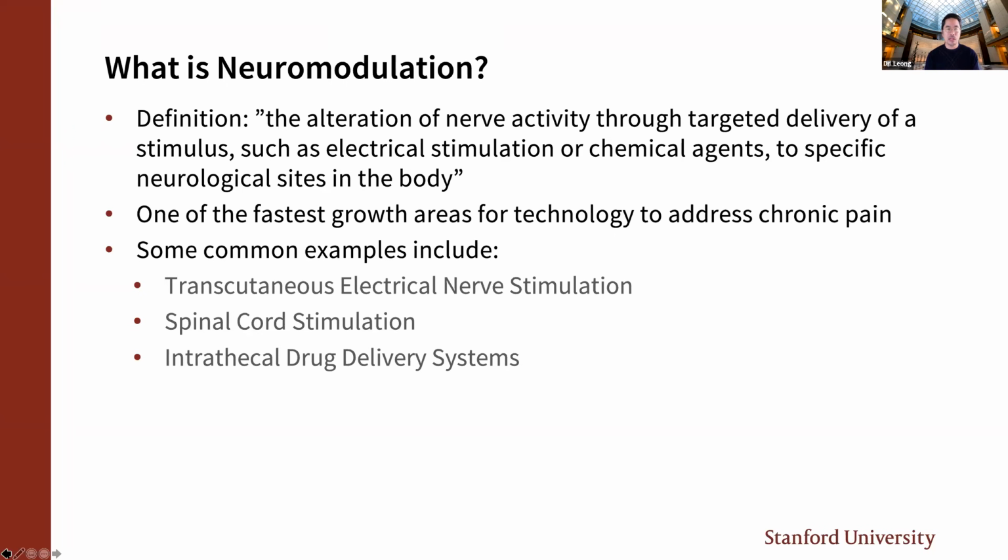Some of the common things that people know about are TENS units, or transcutaneous electrical nerve stimulation, and also spinal cord stimulation, which is electric signals there. You may have heard of pain pumps or intrathecal drug delivery systems, especially for cancer pain, especially when people are on high doses of opioid medicines and they want to be treated in a way that doesn't cause side effects.